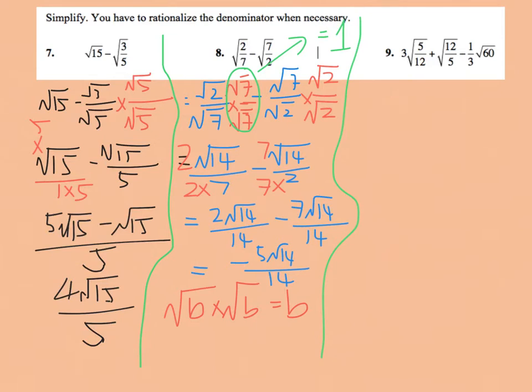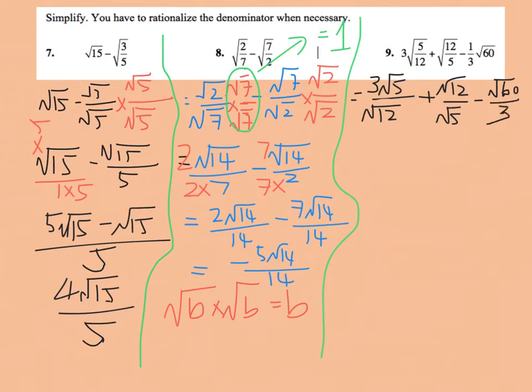So let's first simplify the quotient. So you get 3 root 5 over root 12. This is by applying the quotient of radicals property. Plus root 12 over root 5 minus root 60 over 3.